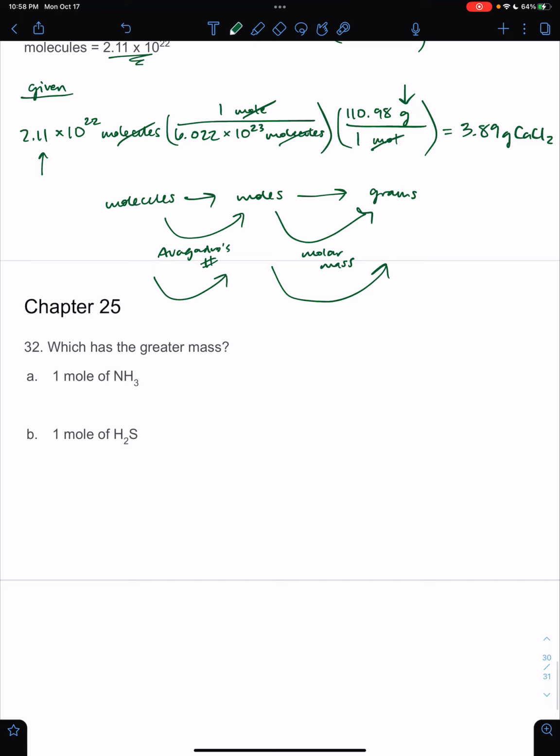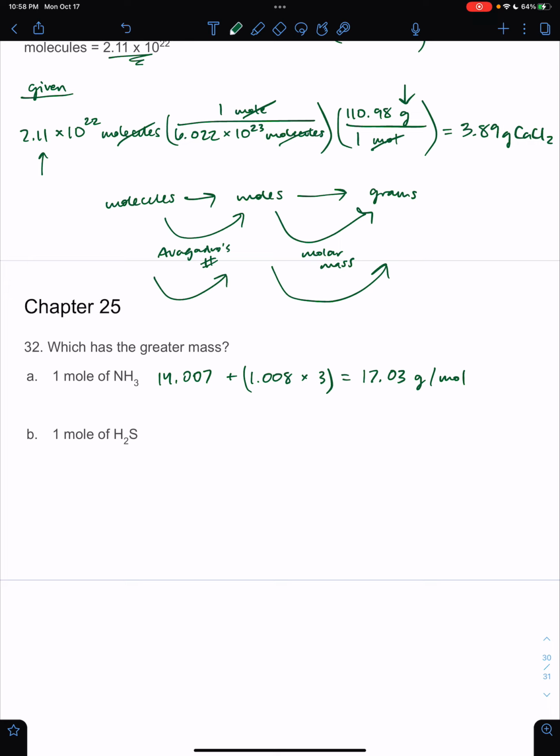So molecular mass of nitrogen is 14.007 plus hydrogen is 1.008 times 3, because there are 3 of them. That's going to equal 17.03 grams per mole. So this is the molar mass.